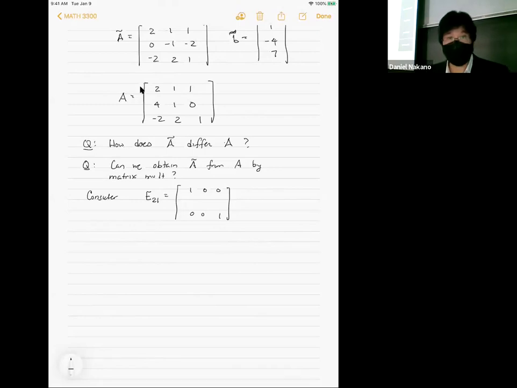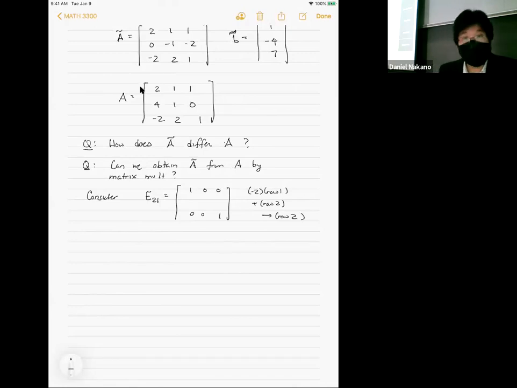I'm going to pick out the first row by doing this. I'm going to pick out the third row by doing this too. Now, I want to put -2 times the first row. So what I want to do is take -2 times row 1 plus row 2, and insert it into row 2.